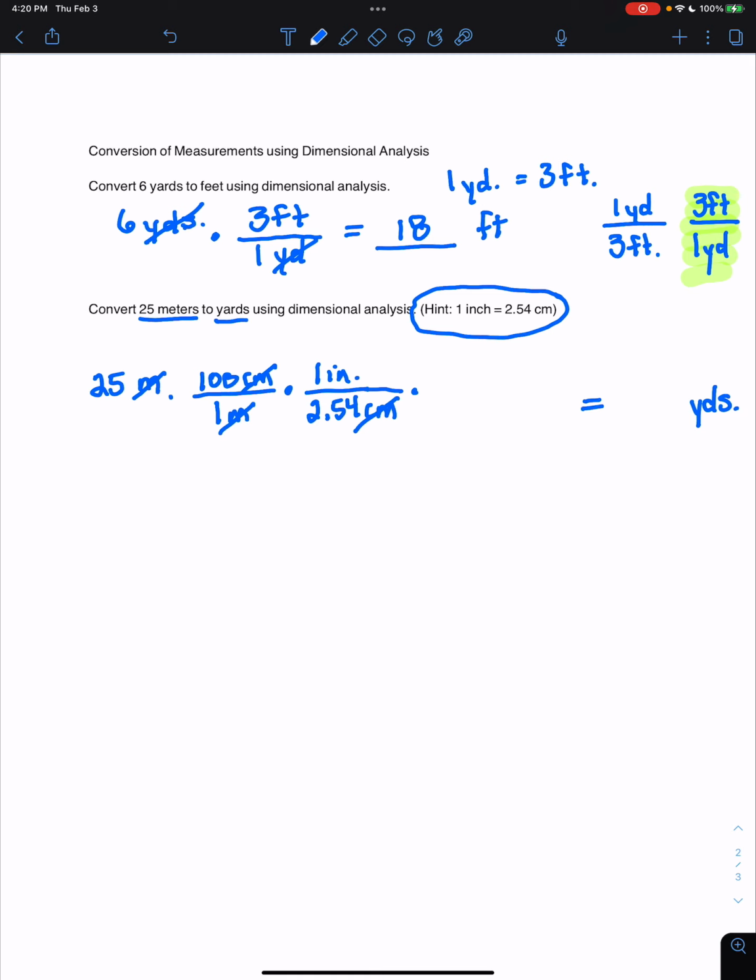But I know a conversion between inches and feet. So I'm going to say 1 foot is the same as 12 inches. So inches on the top, inches on the bottom. Now I'm at feet, and now I know a conversion between feet and yards. So 3 yards is the same as 1 foot.